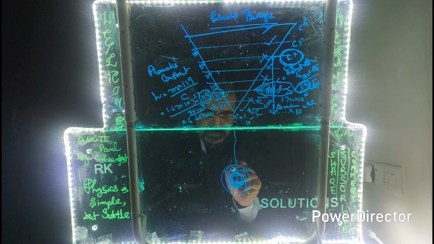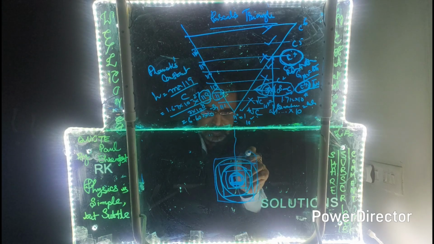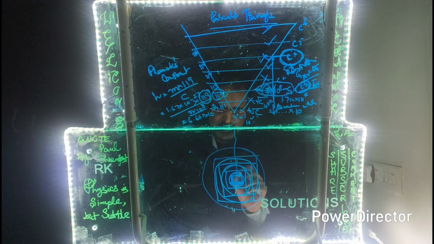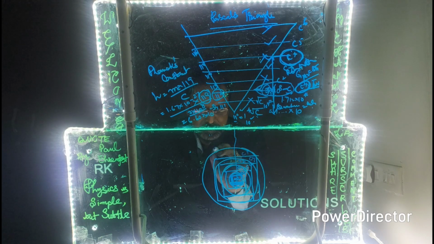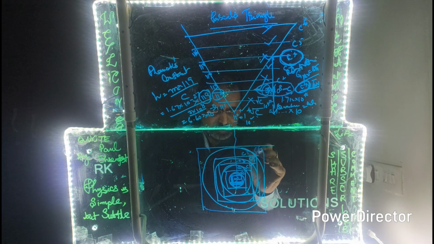There is one more circle describing that, and there is a cube describing that, and a circle describing that. This is the fourth root of C. This is the root of C. This is C, this is C square, C cube, C raised to 4, C raised to 5, C raised to 6. That's it.